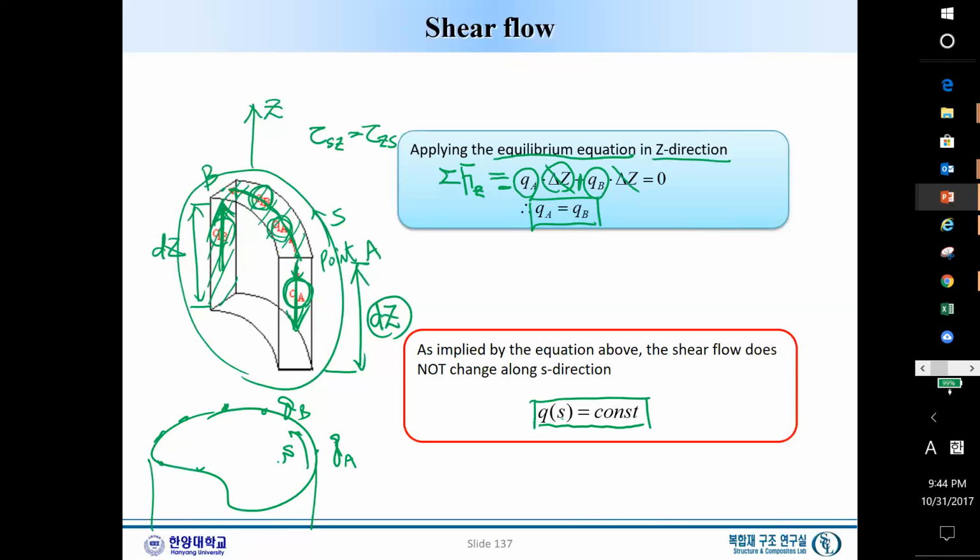It is a simple but very powerful observation, which can be used in derivation of this torsion theory for thin wall shaft. Okay, please remember that shear flow is a constant.